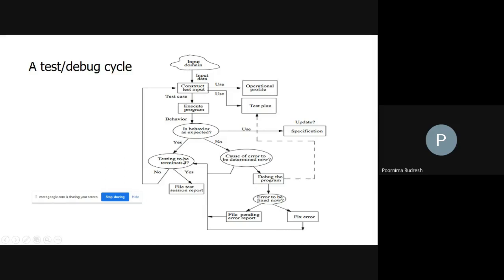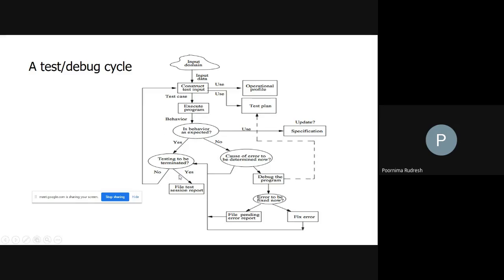Testing is to be terminated when the tester has tested the program for all possible inputs, and then we terminate. Else we go back to construct the test inputs once again, and the same procedure repeats. So this is called the test debug cycle.